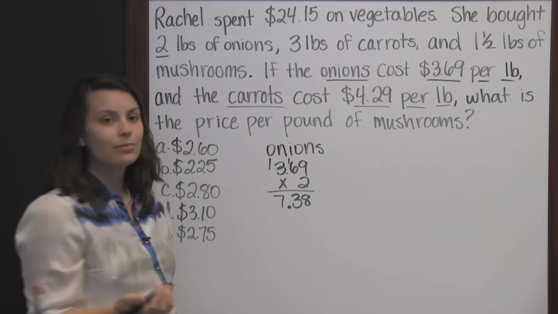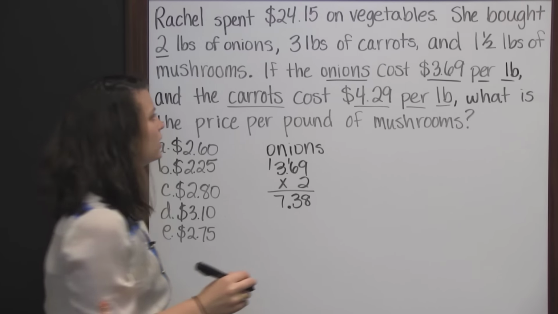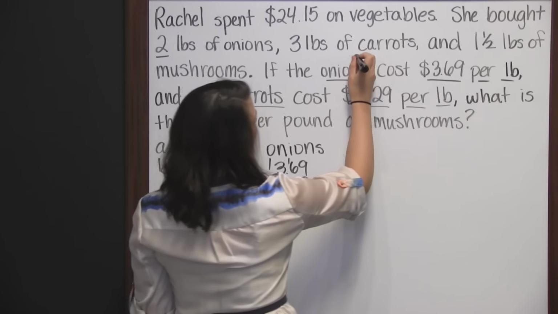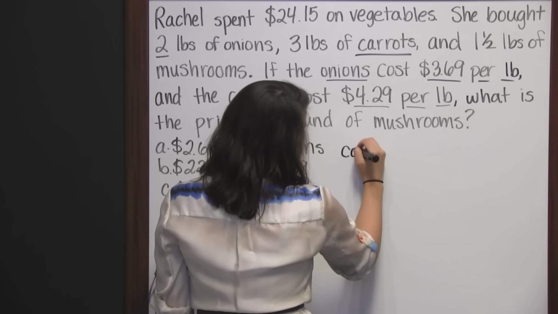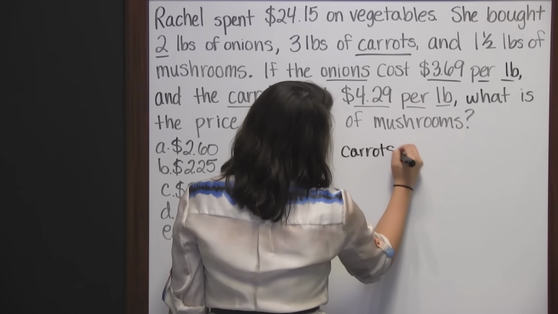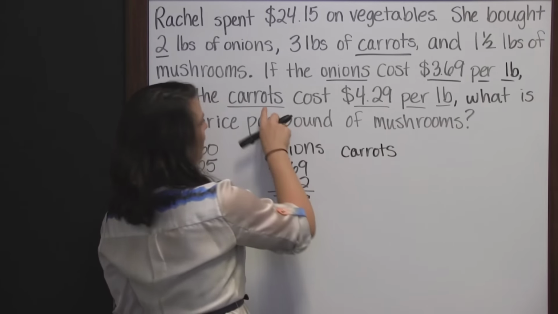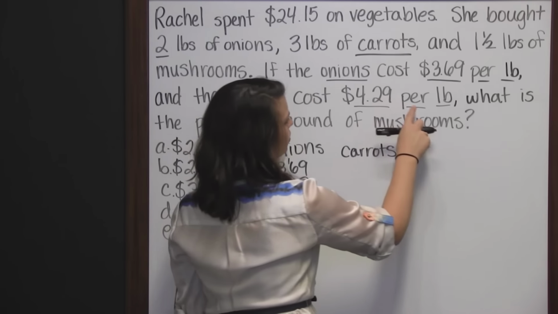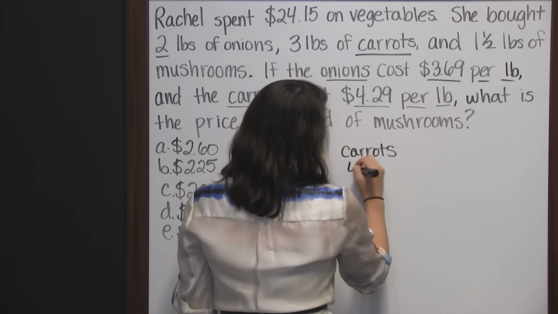We're going to do something similar to find the total amount of money spent on carrots. So next we'll deal with our carrots. The carrots were $4.29 per pound.